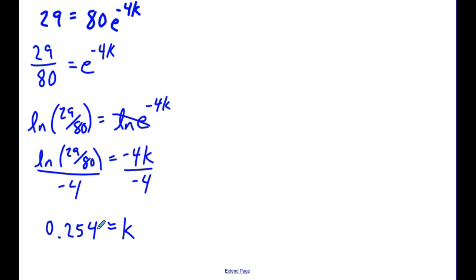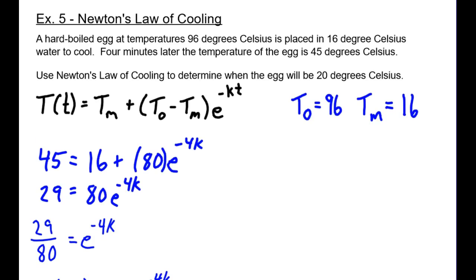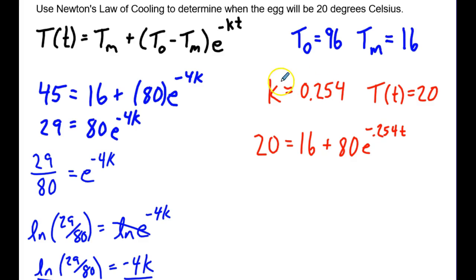Now we're going to have to use that constant and the other information from before in order to solve for the problem. Use Newton's law of cooling to determine when the egg will be 20 degrees Celsius. Now we're going to use that approximation we came up with for k and the fact that we know the temperature we're looking for, or the time we're looking for when the temperature is 20 degrees, and the information we had in the beginning.